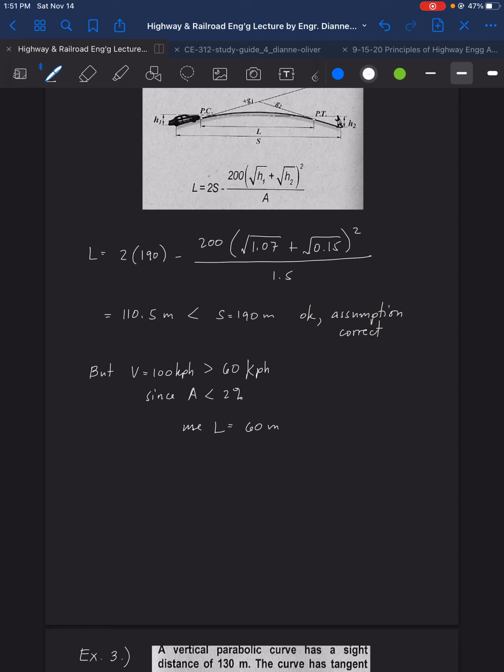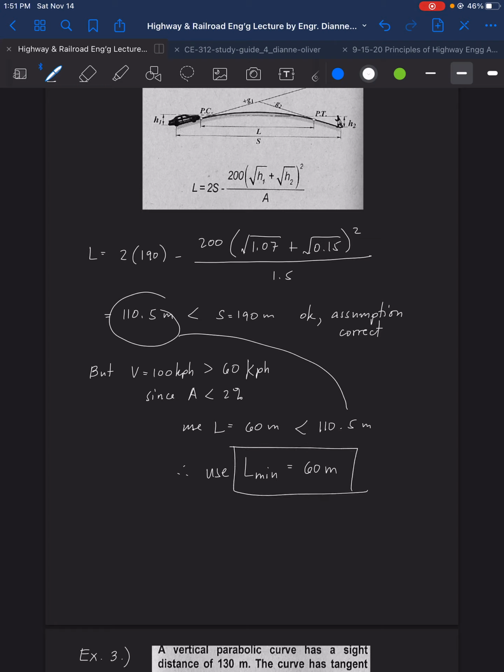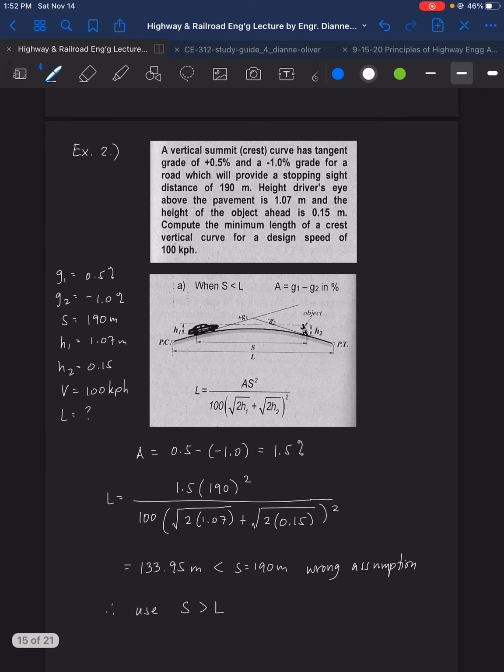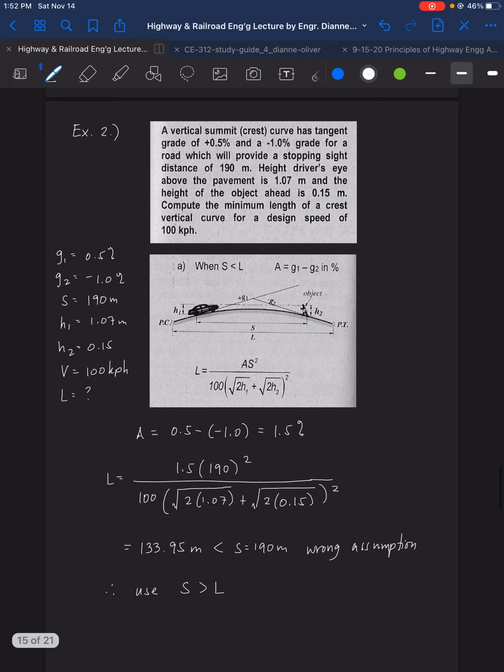Then we're looking for minimum, isn't it? And L is equal to 60 meters is less than 110.5 meters. Therefore, use L minimum equals 60 meters. Okay, so that is the answer. Screenshot the sample problem number 2 and the solution.